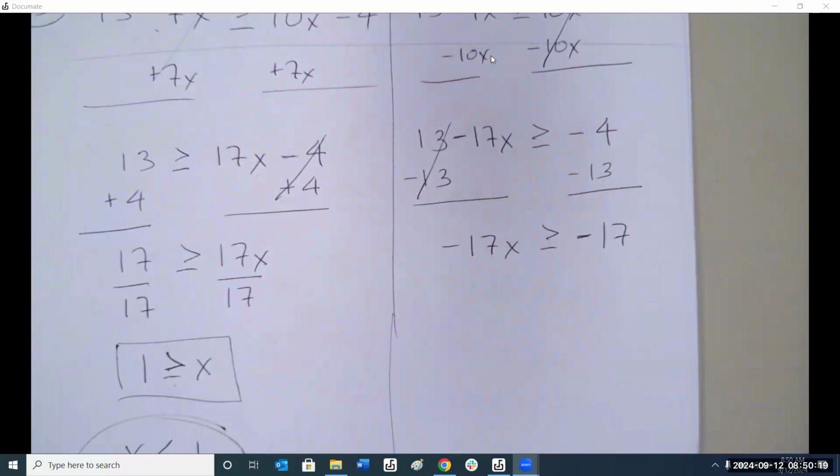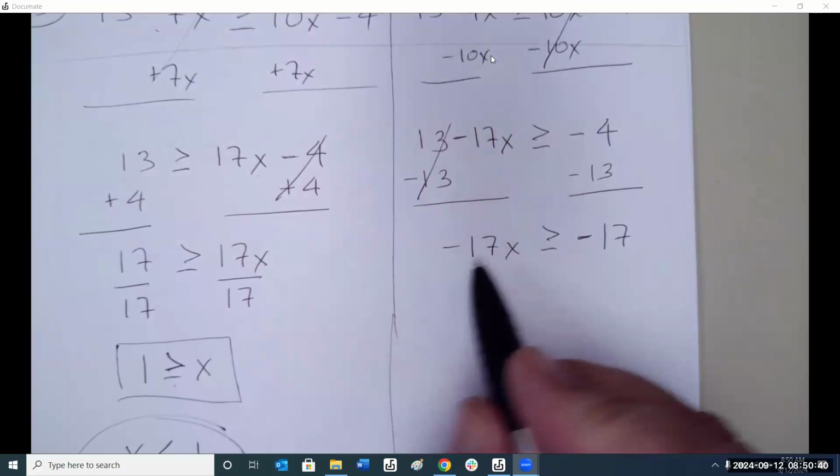Now, unlike equal signs, whenever you change the sign of the variable, you have to change the direction of the inequality. Why? Well, let's go ahead and do that, and I'll show you why in a second.